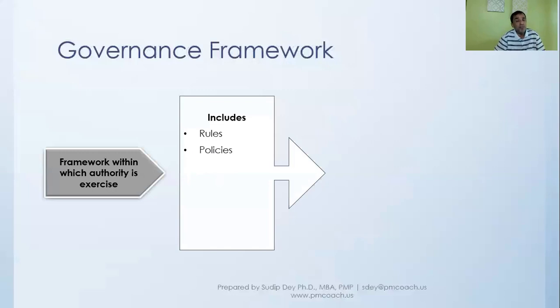There can be different policies. If you are trying to get a new project, what are the policies that you should adhere to? Or procedures, policies, procedures we talked about. Norms. Different cultural norms can develop in an organization.